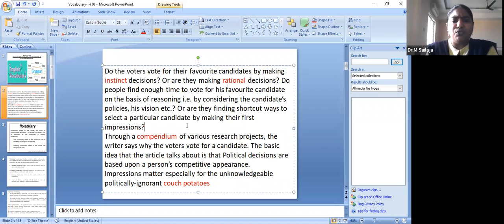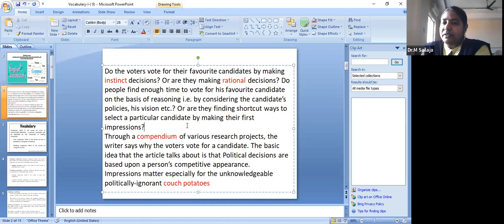I think only these four words are highly difficult to understand. That's why I have highlighted them with the red color. So what about the remaining words? Are you able to understand this paragraph, this content?